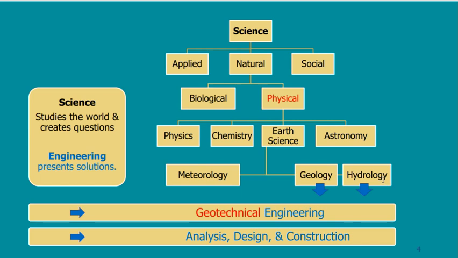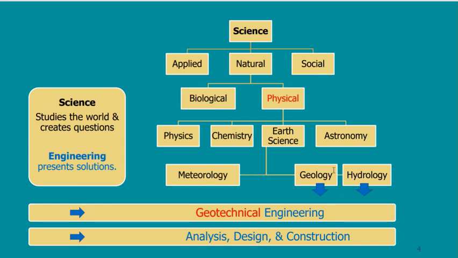So geology is the science of soil or the science of earth. Hydrology is the science of water, because if you dig a hole in the ground, you will find soil and you may find water. So we have a combination of soil and water.